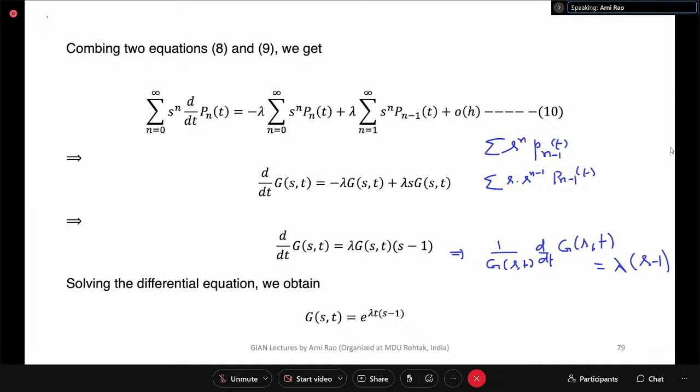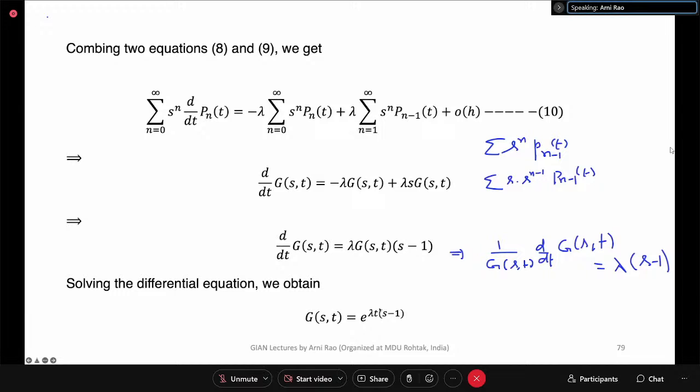For the Poisson distribution, e power minus lambda t times lambda t power n by n factorial, we saw the probability generating function. It is the same as the probability generating function of the counting process. All this is from the previous slides, derived from the counting process. We didn't touch anything from the Poisson.